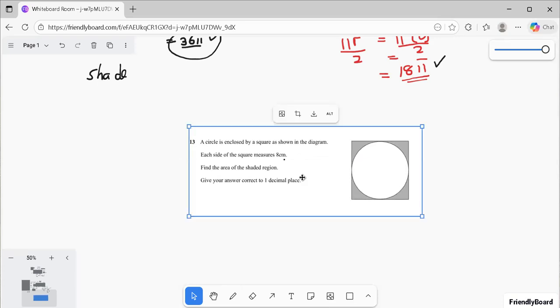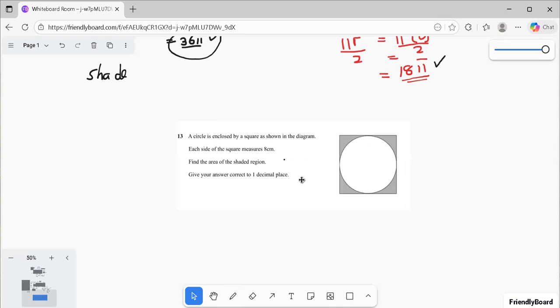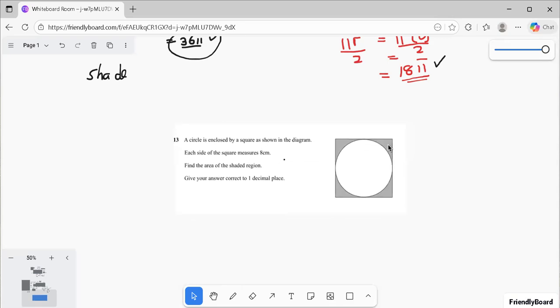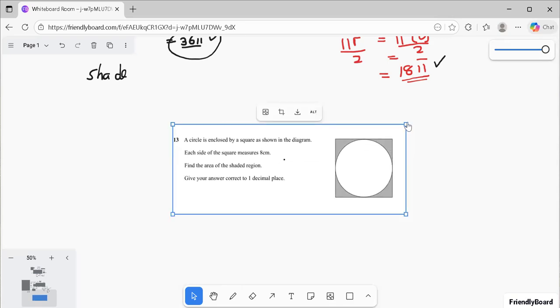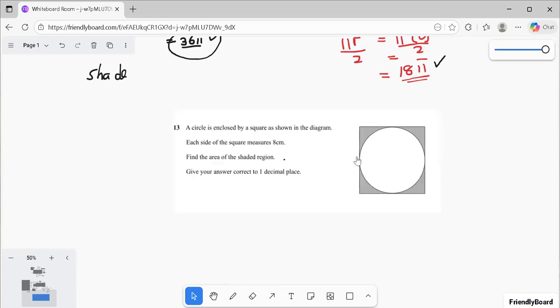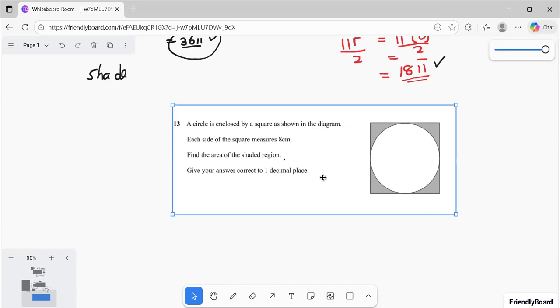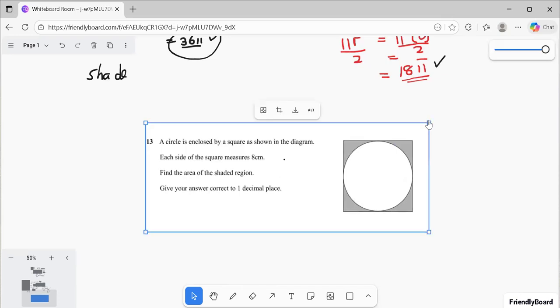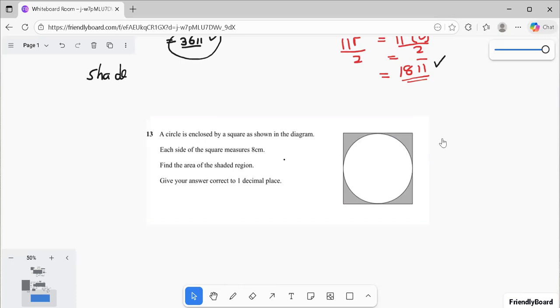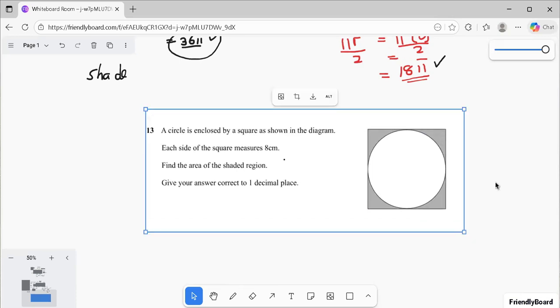So this one is also kind of different from the other questions that we have looked at, but the concept remains the same. The concept remains the same. All right, so let's read this question together.